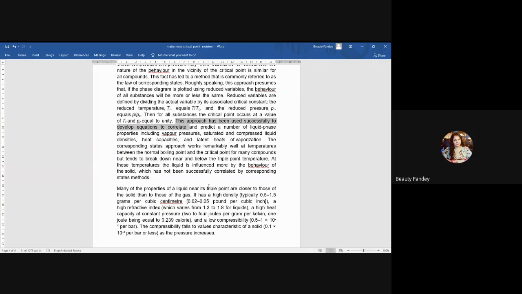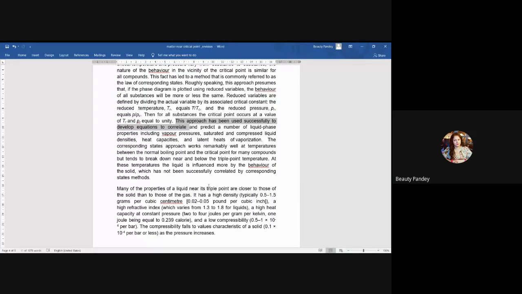We are considering T versus T, right? So this approach works very well between the normal boiling point and the critical point. The materials follow these laws.